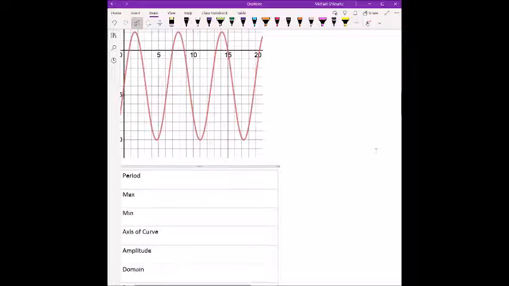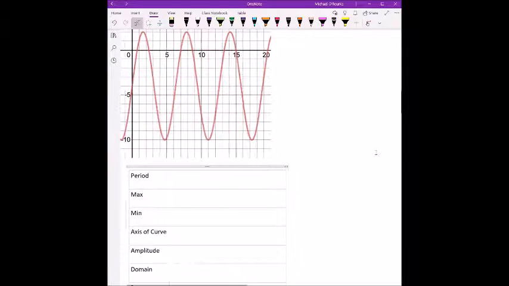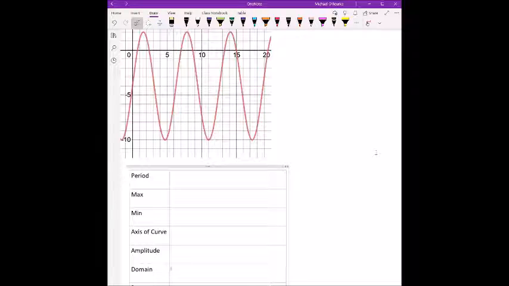So write walk if you want to walk through, or 4 if you want a couple minutes to figure it out by yourself. Someone wants to walk through? Okay. Alright, I will give you, how about 2 minutes, and then I'll start walking through it.